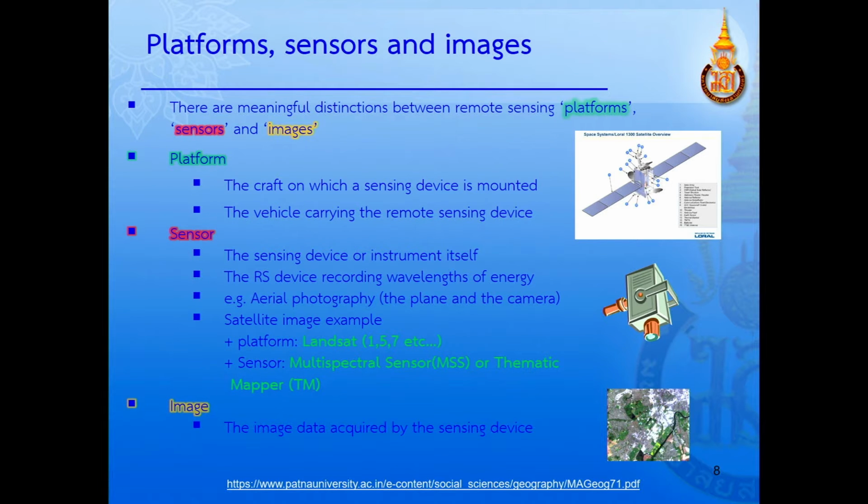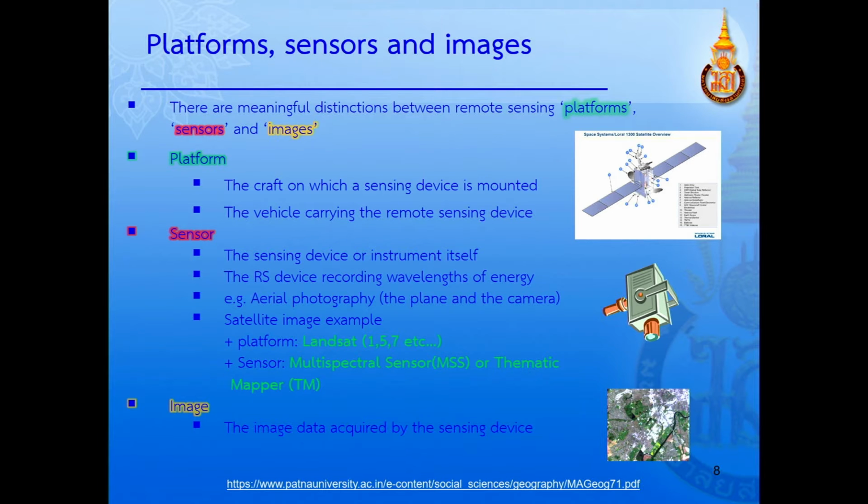Okay, let's go to the components. What about remote sensing? There are 3 parts: the platform, the sensors, and the image.